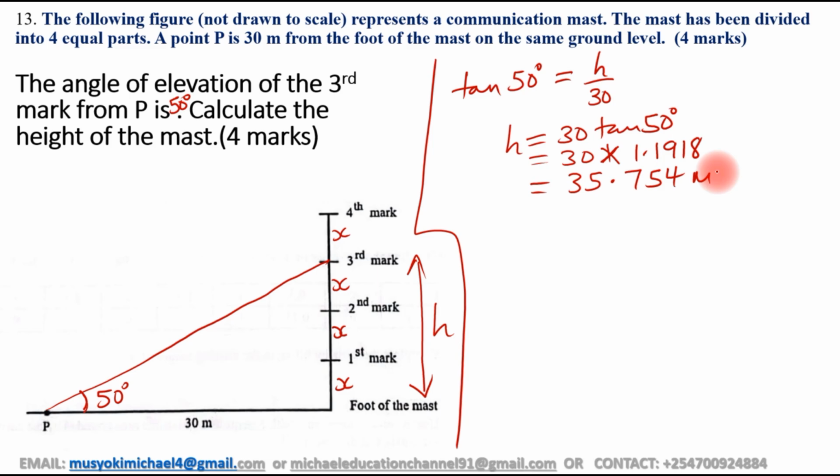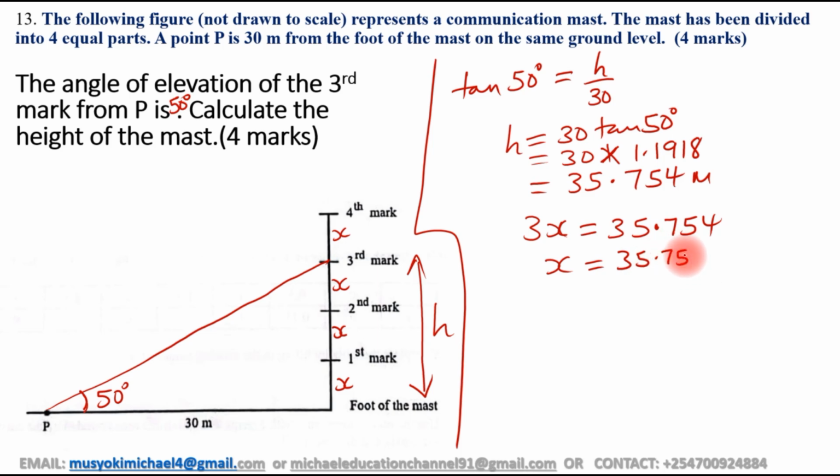Therefore, the height of the mast, since we said let each part be x, then it simply means that 3x up to the third mast, x plus x plus x, is equal to 35.754.